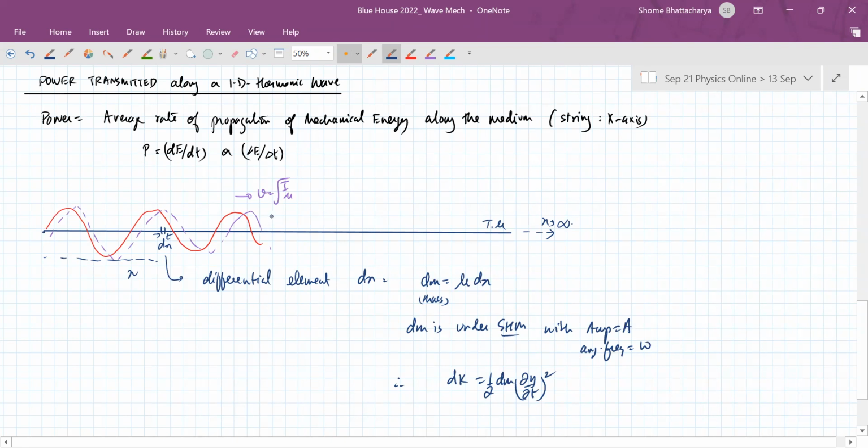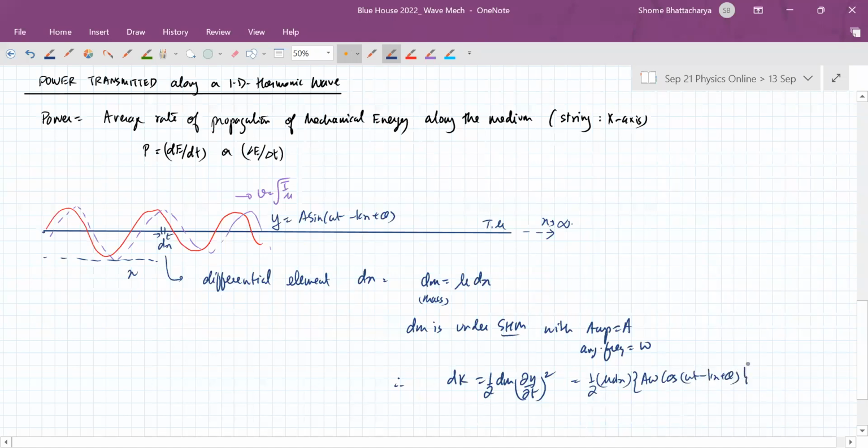Because if the wave propagating has an equation A sine omega t minus kx plus phi, let's say, then a particle has del y by del t at any point of time of A omega cos omega t minus kx plus phi.